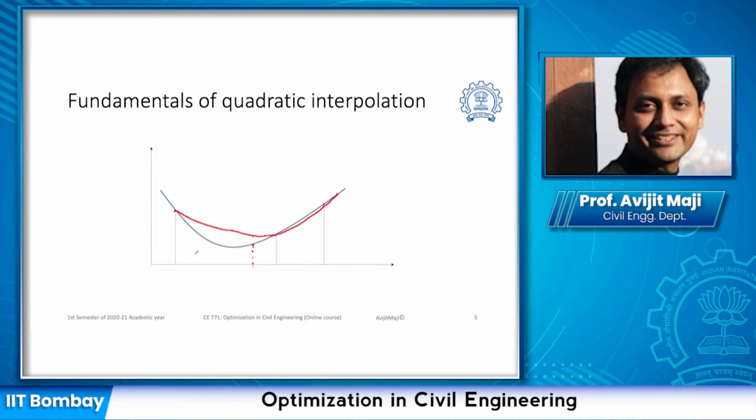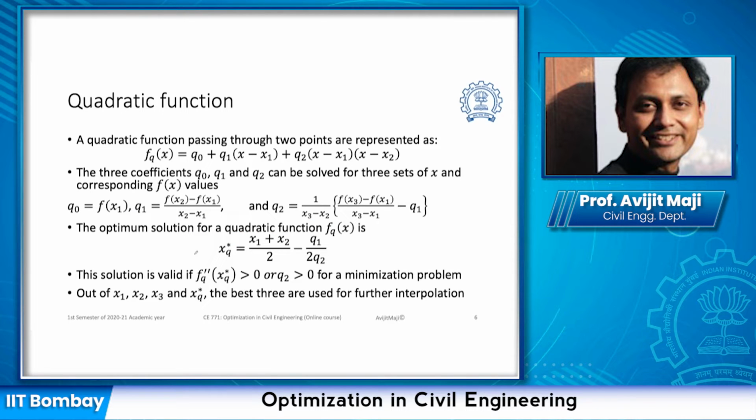So let's look into the quadratic function. A generally quadratic function can be represented by an equation format like this, where we have 3 coefficients, this q0, q1 and q2. If we want to solve this quadratic function to obtain the 3 coefficients, we can do that by finding the function values at three different locations.